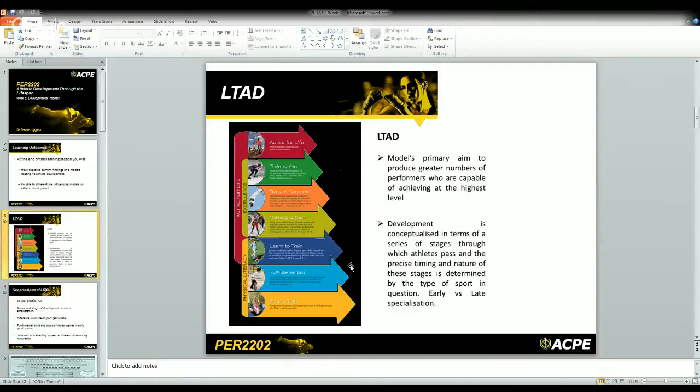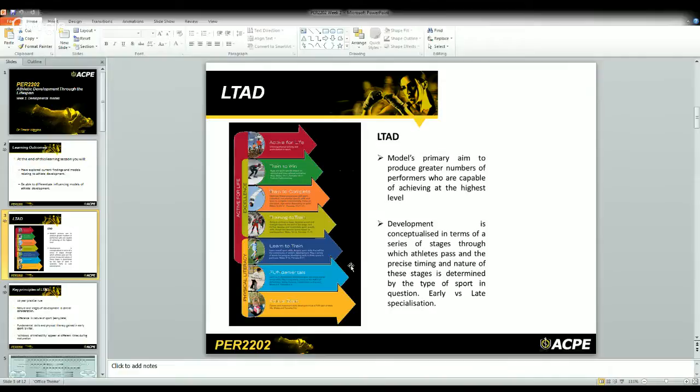The primary aim of this model is to produce a greater number of performers who are capable of achieving high results, whereas our original pyramid-shaped model was developing elite athletes. If you weren't an elite athlete, there really wasn't much awareness or focus on what to do.